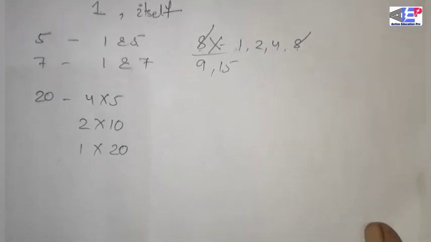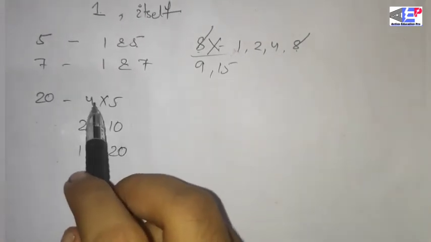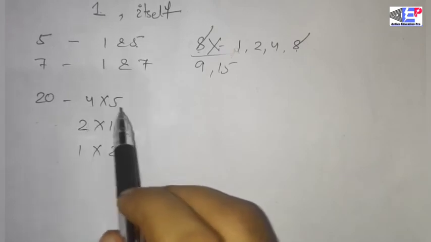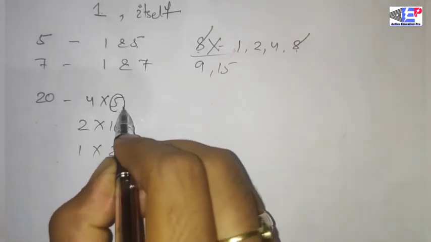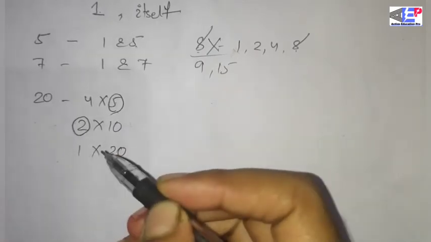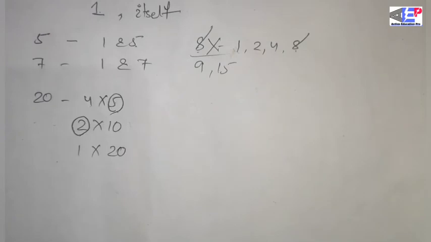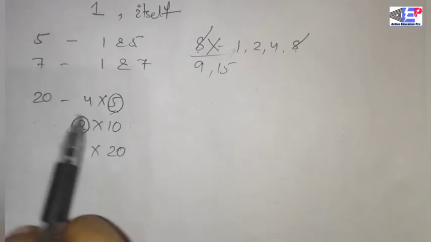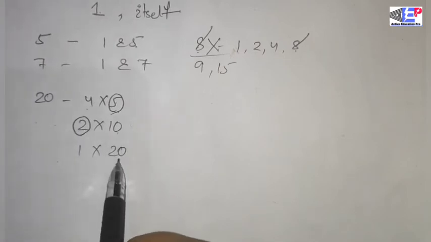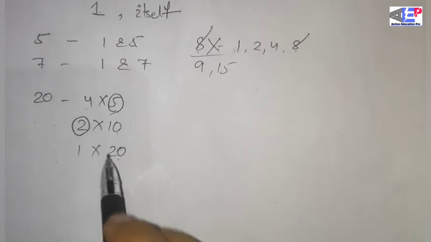Here 4 into 5 is equal to 20, where 4 is not a prime number but 5 is a prime number. 2 is a prime number, and 1 is not a prime number, 1 is a special number. But 4, 10 and 20 are not prime numbers, so these are not prime factorizations.